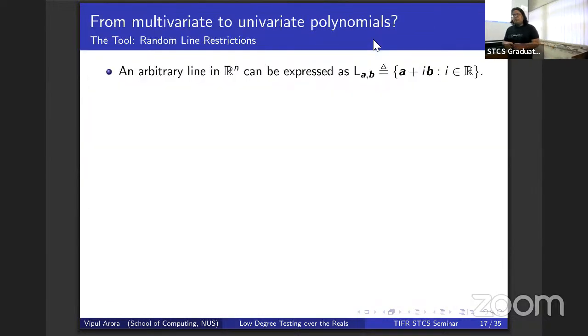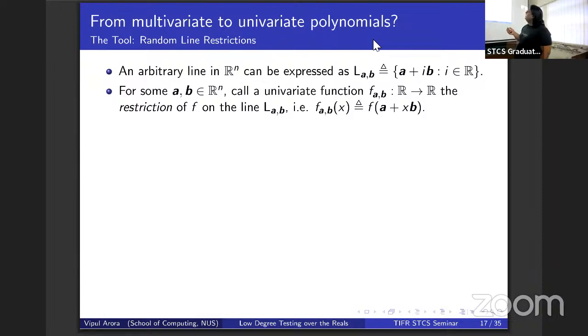So this was the story over univariate domains. We are interested in multivariates. How do you go from multivariates to univariates? The tool that we end up using is random line restrictions. An arbitrary line in R^n can be expressed as a linear form a plus ib, where a and b are vectors in R^n and i is a real number.